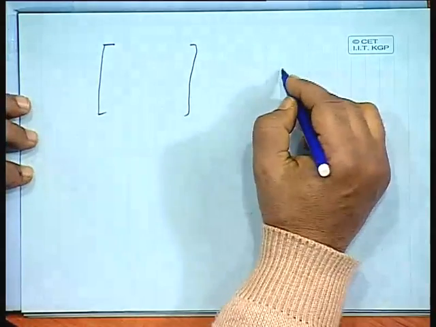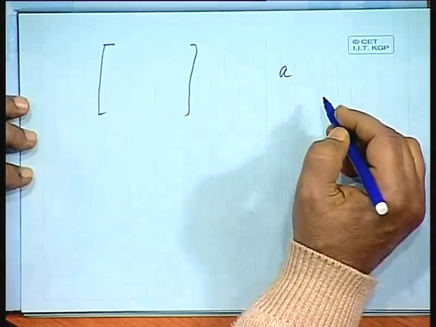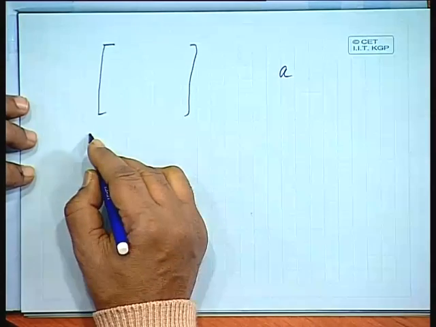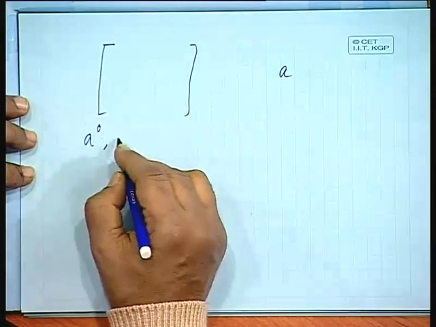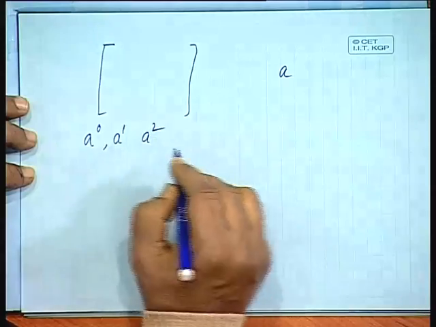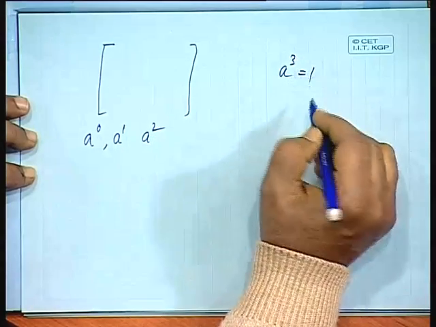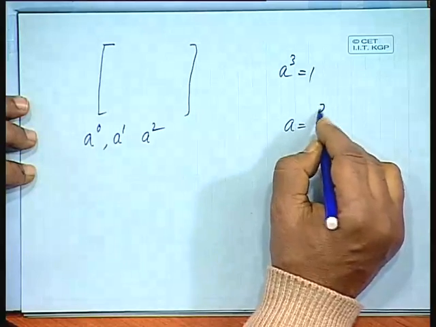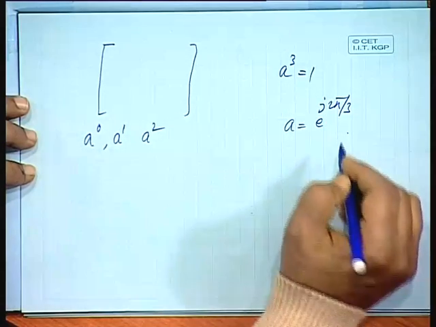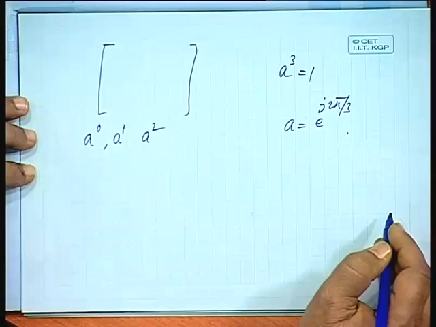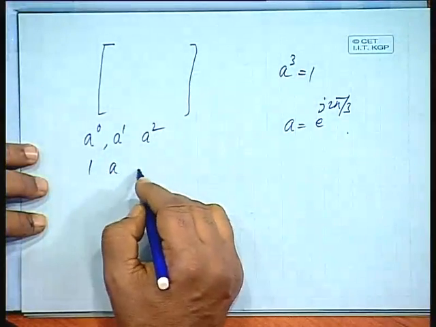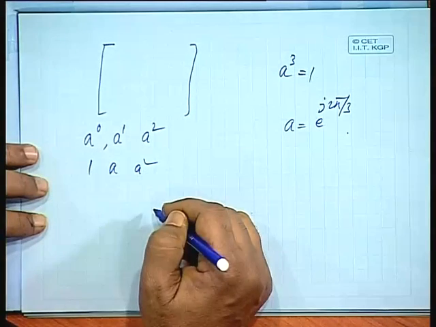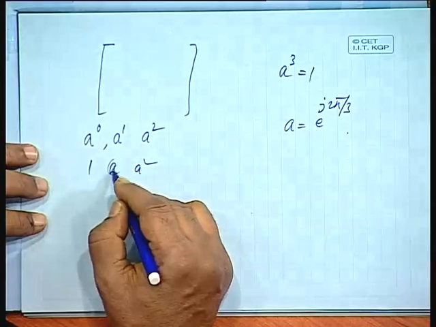We wrote that as an operator a, so we had a to the power 0, a to the power 1 and a to the power 2, where a cubed was making 1. So a was basically e^(j2π/3), a 120 degree shift in the positive direction. So a^0 means 1, then a, then a squared.